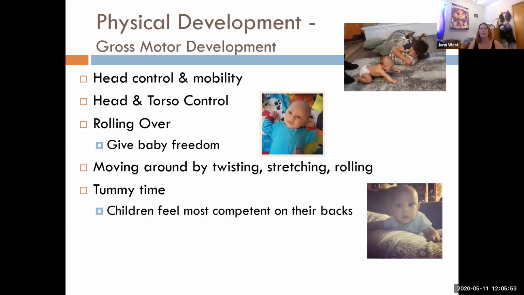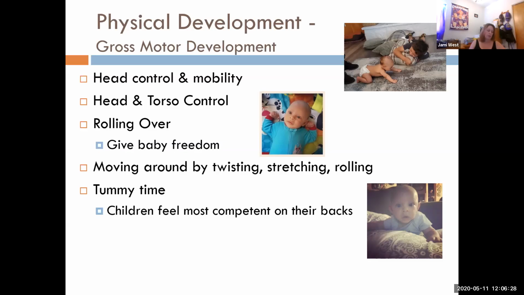Please remember, none of these gross motor skills need to be taught. You don't need to help a child learn how to develop head and torso control. It happens naturally. If they're put on the floor, okay, you hold them, these things happen naturally, okay?